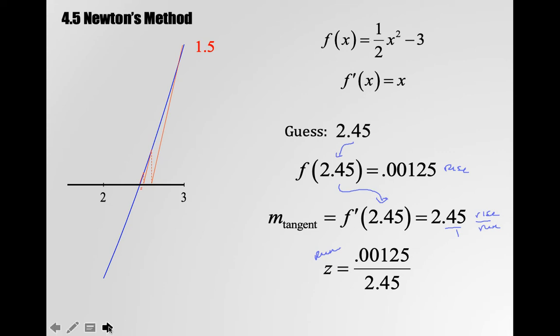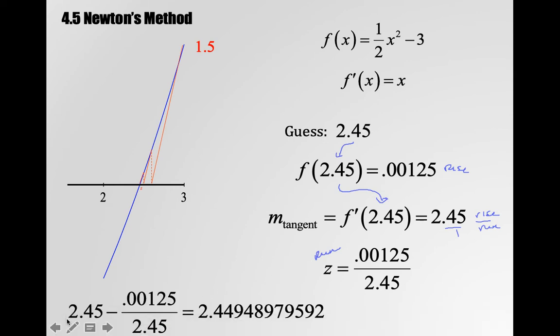The fact that you have rise over run is equal to 2.45, the slope, right? This 2.45 is the slope. Took the previous guess, subtracted the run to get the new guess.